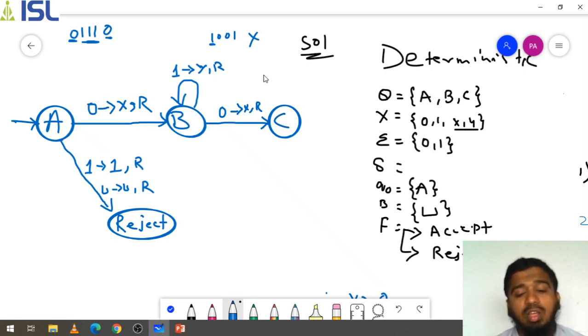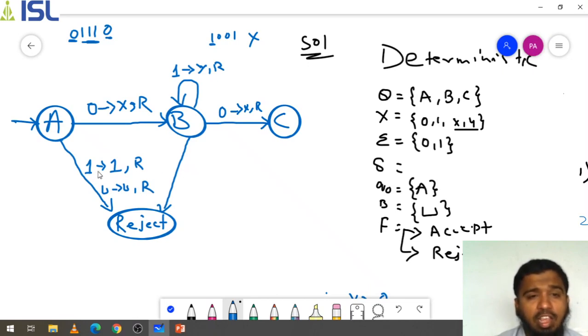Okay. And this is a 0 and this is 1. If it is 1 from B, what will it be? Here we can directly write, like 1 comma 1 we have written here, 0 to 0 we can write, but you will get a little bit confused. So, write it as blank comma blank comma r.